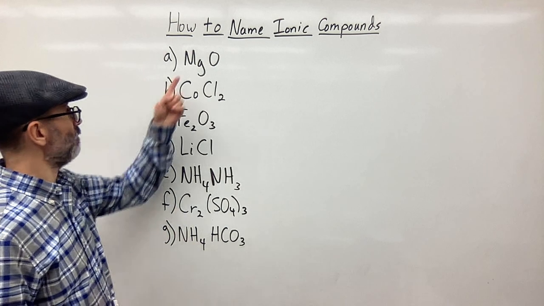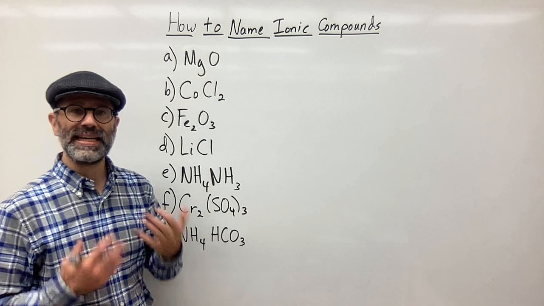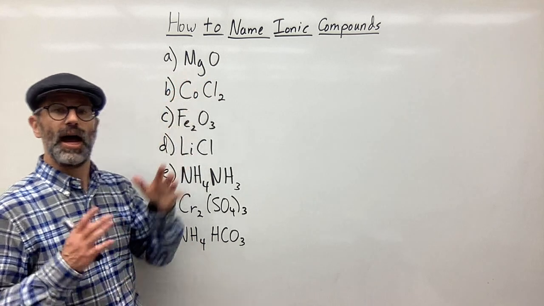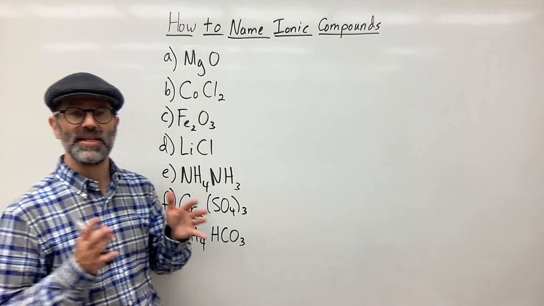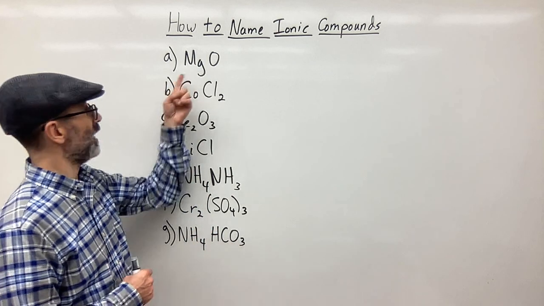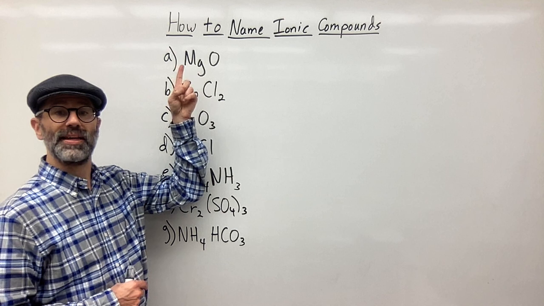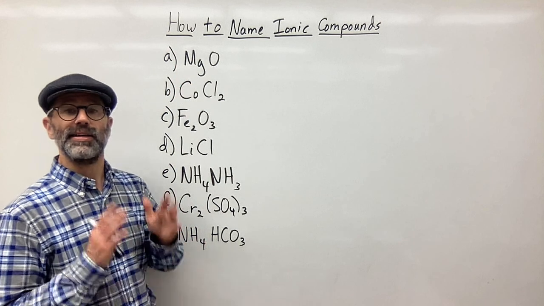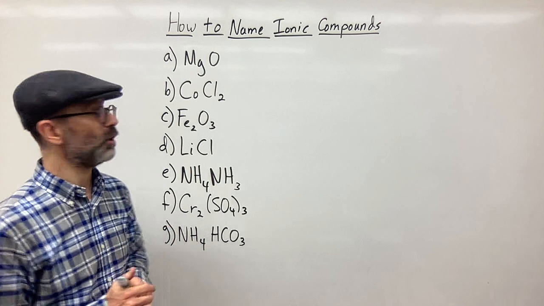So here I have MgO. So I need the name of each ion. So here Mg, that's a main group or representative metal or element. And so that's going to be, again, just the name of the element itself. So your positive metal ion is just going to be the name of the element.